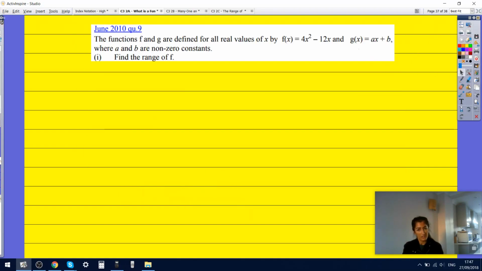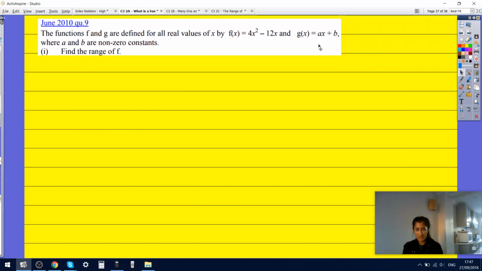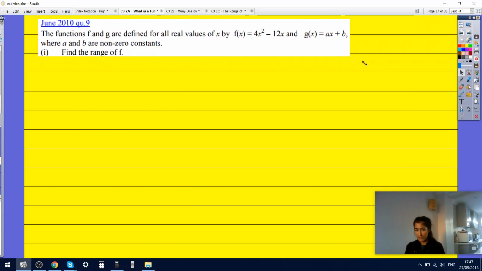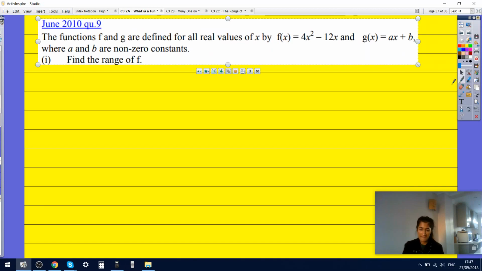And then this tricky one. Defined over the real values, find the range for f. So just get the graph up, so the graph is just a U. Okay.